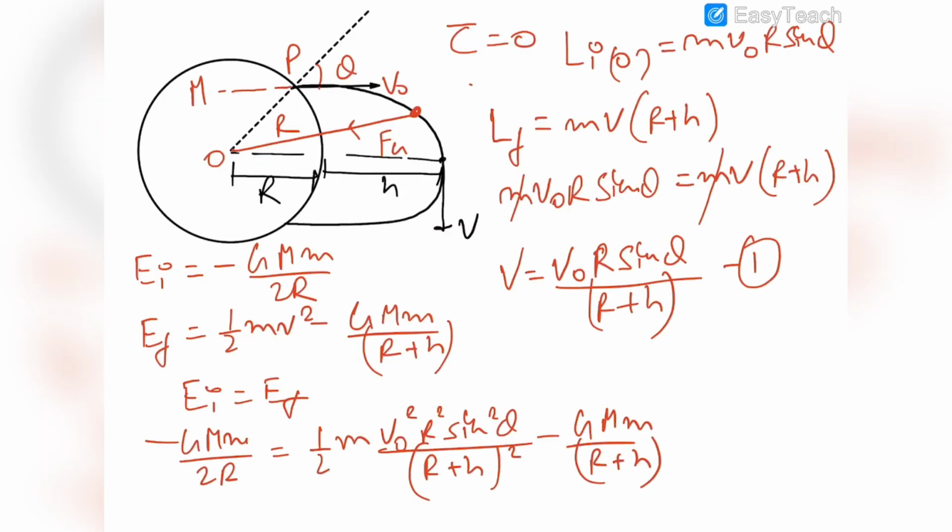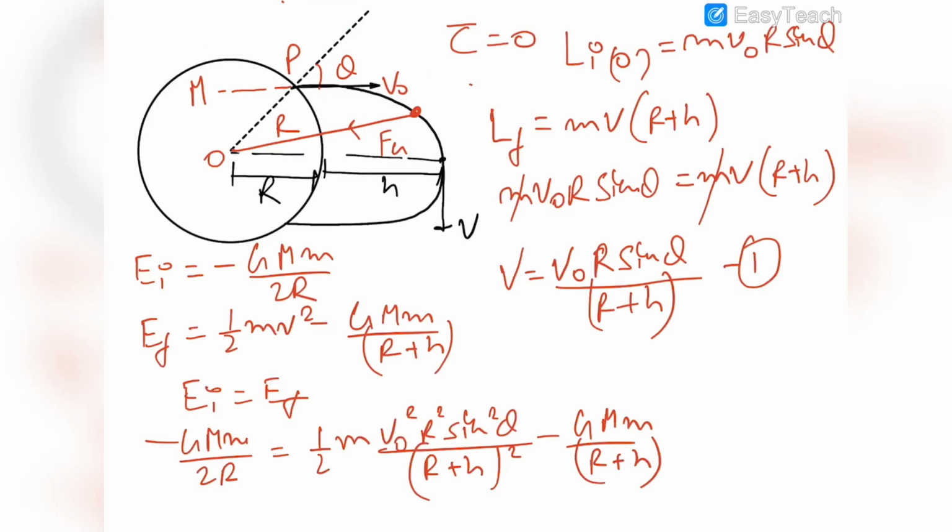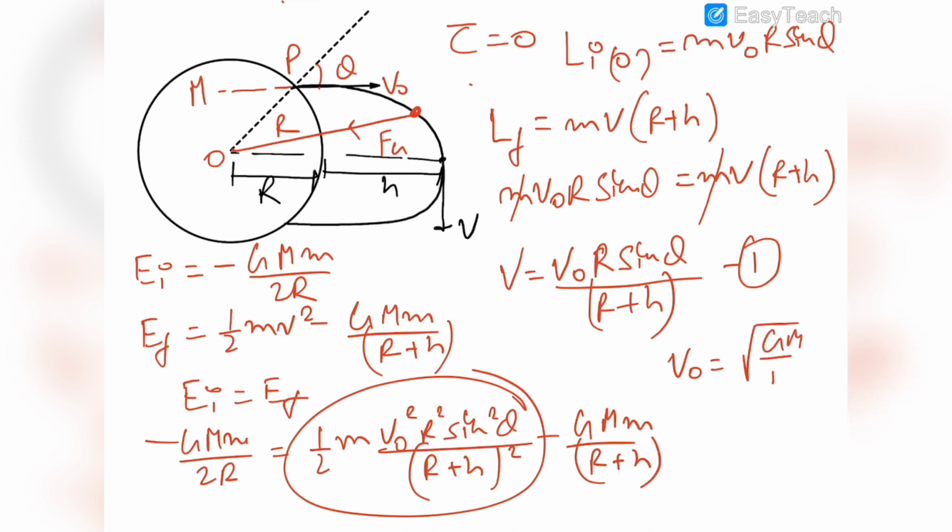So you can see that it would be GMm by 2R, and it would be equal to GMm by R plus h, minus, since v naught is under root GM by R, we will substitute this value here.